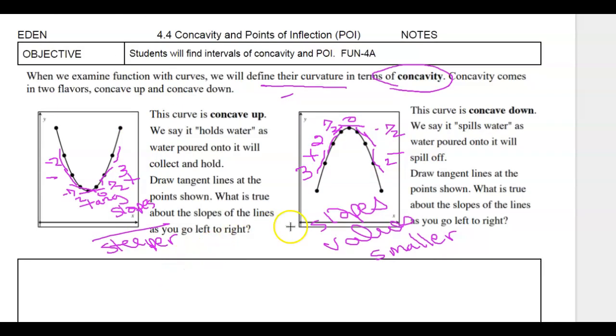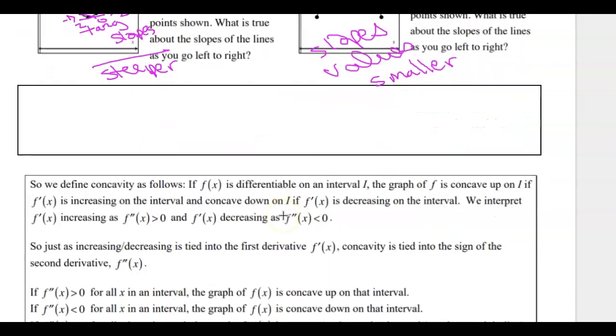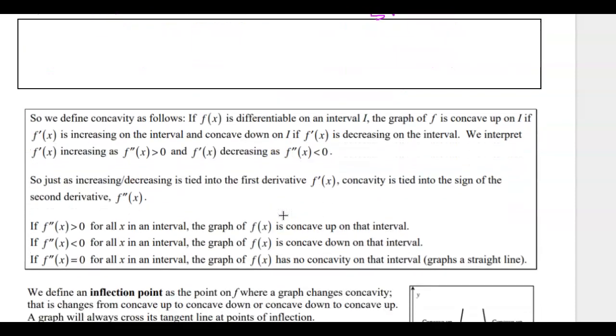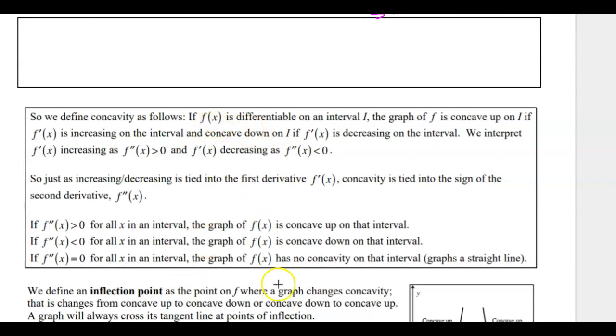That's what leads to the idea of concavity. It's the rate of growth of the slopes, okay? So concavity, we're going to define it using all of this notation. If these were justifications, you could use this notation. A curve always has to be differentiable on the interval, and it's always going to be an open interval.